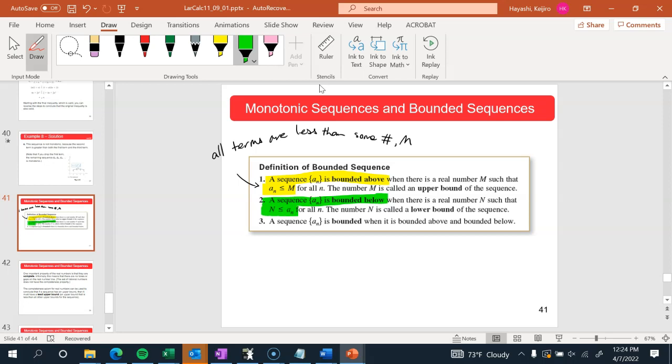A sequence is bounded below if there's a number that it never goes lower than. If there's some number that is lower than all the terms in the sequence. So if all terms are greater than some number, say all your terms are above 0, then your sequence is bounded below by the value 0.